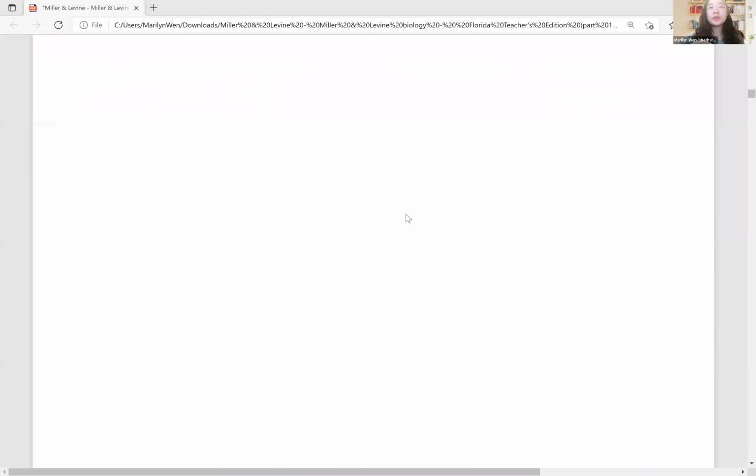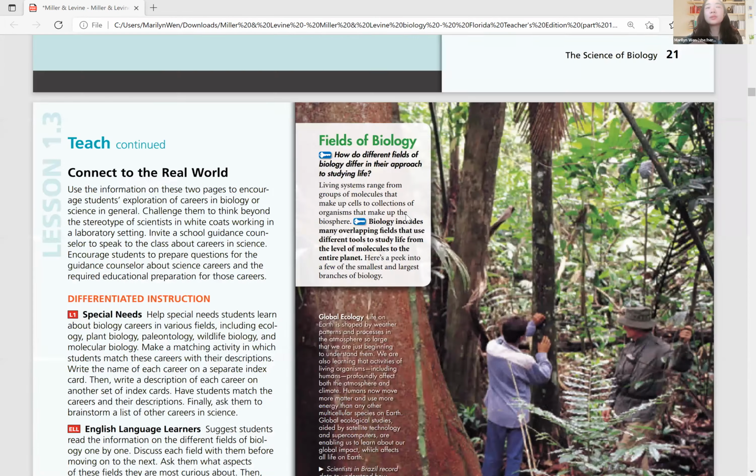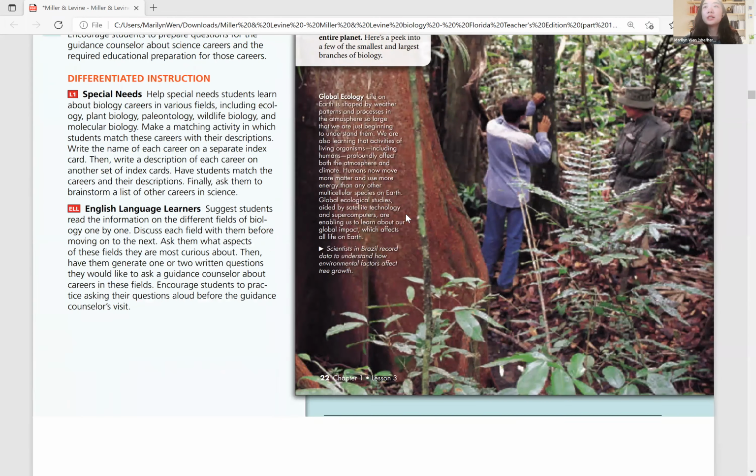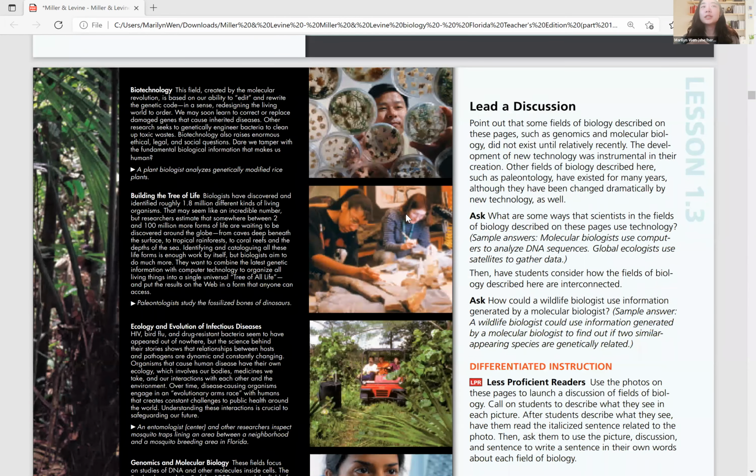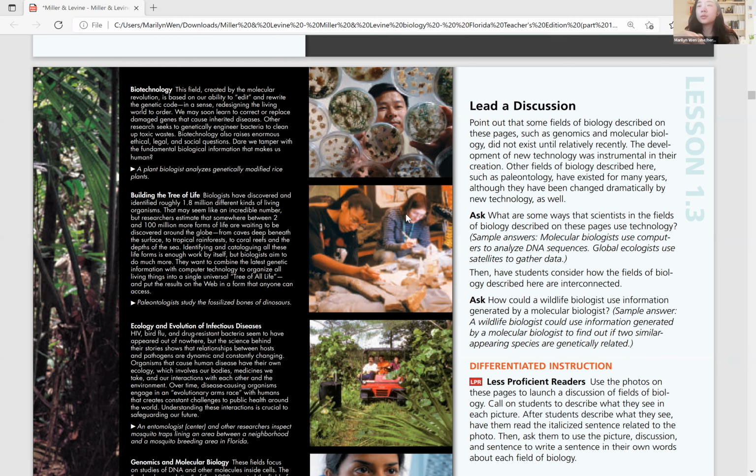So the next few pages describe different fields of biology. I'm just going to talk about them very briefly. Biotechnology is basically using technological methods to study biology. It's a very advanced field, and you usually deal with a more microscopic scope of things with more advanced technology.